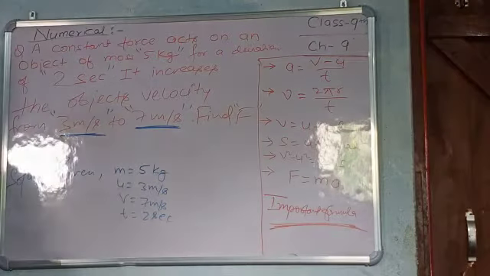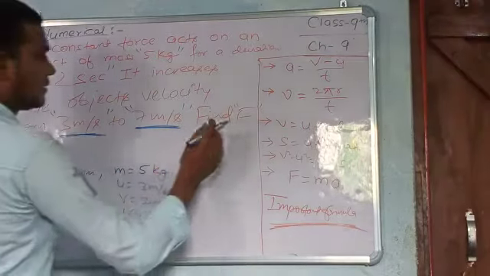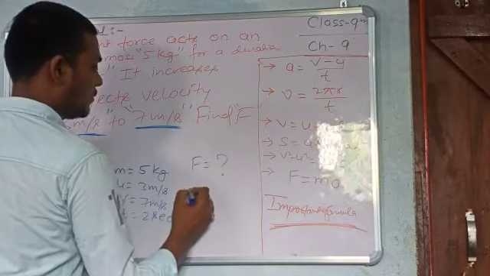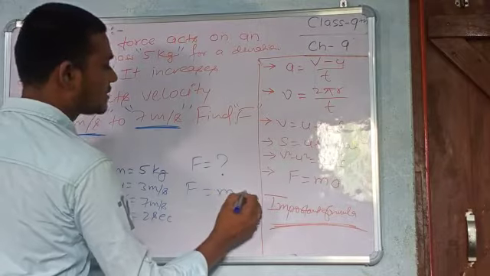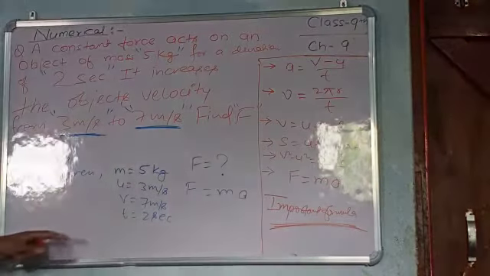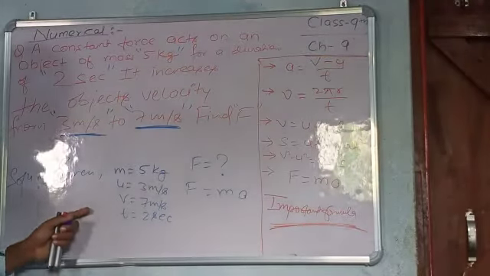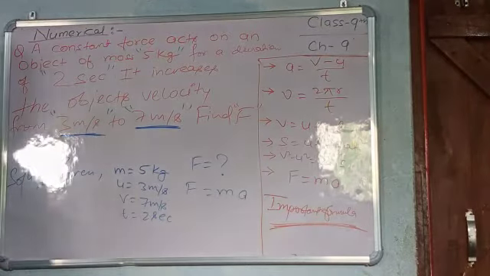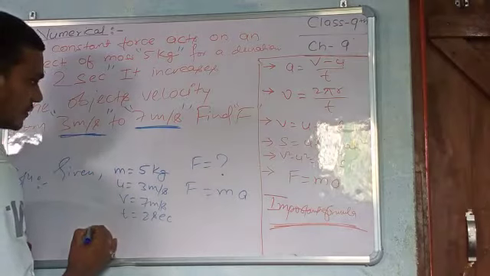Now we need to find out the value of force. We know that force is equal to mass into acceleration. In the given part we have mass but not acceleration, so first of all we need to find out acceleration.